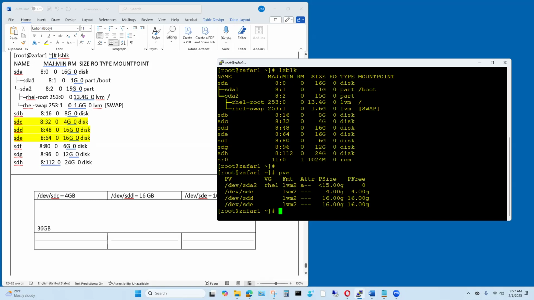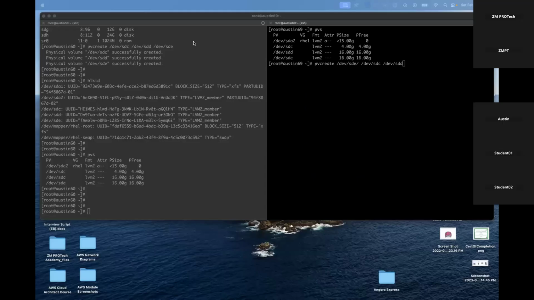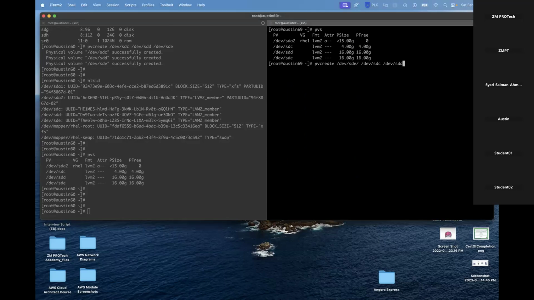Let me stop this and take a look. Can you guys see my screen? Yes. Before that, do pvs first. You can't run that command anymore, because you see D and E already there.